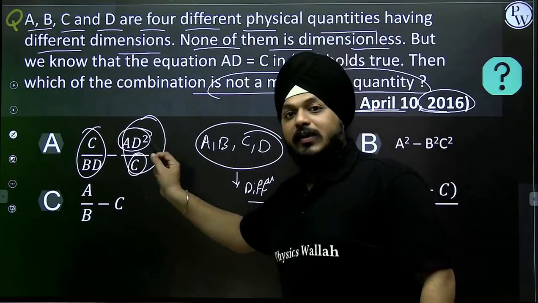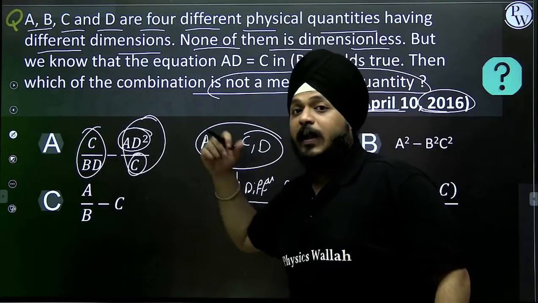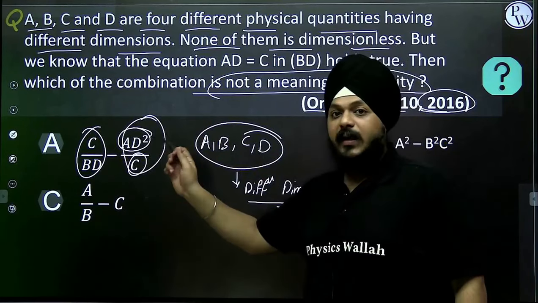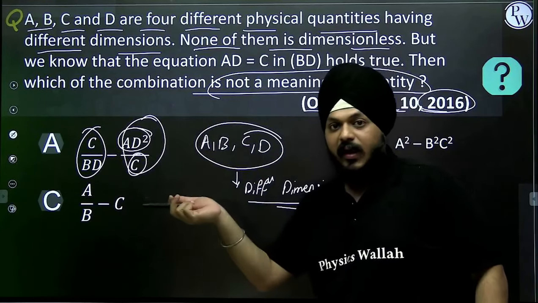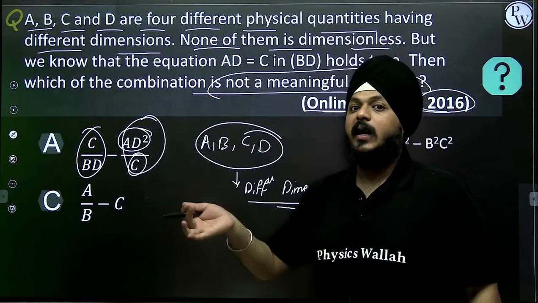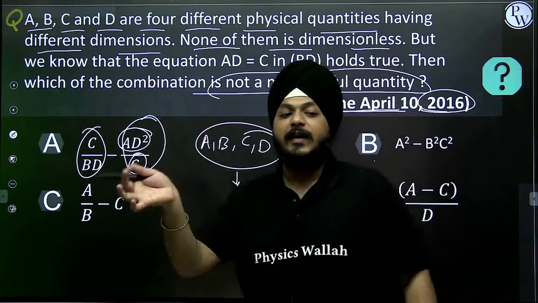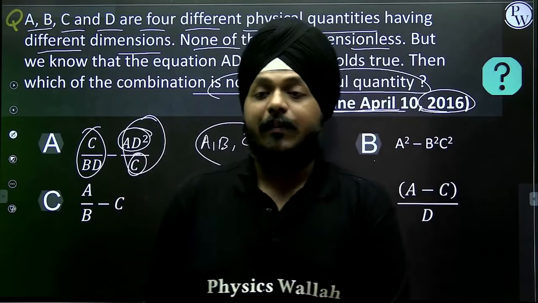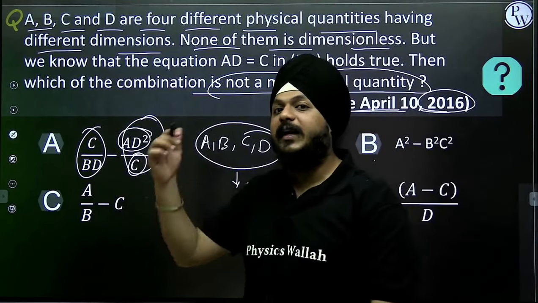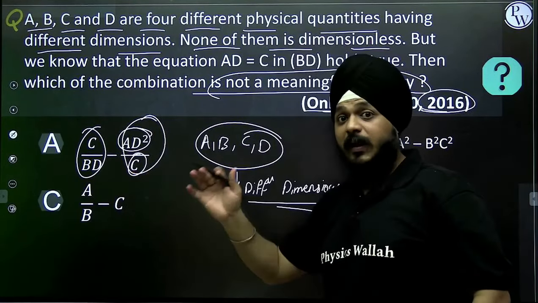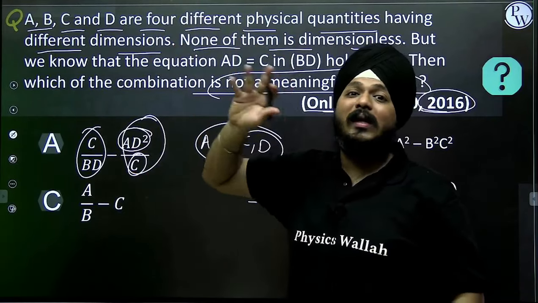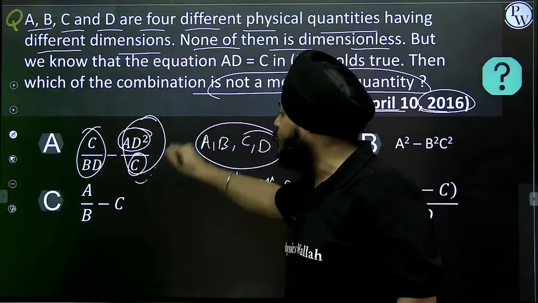These are not individual physical quantities; some algebraic operations have been done. It means dimensions of AD square by C is equivalent to dimensions of C by BD. That might be possible. I can understand, right? The dimensions of A, B, C, D are not given, but there is a possibility for the first option to be correct.